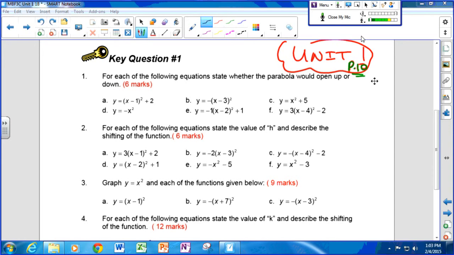Now, the way it works, and maybe this is a little different from what you've experienced before: if you send in your first key question and you're not happy with your mark, you thought you should have gotten a better mark, maybe there was something you didn't quite understand, I'm going to put some feedback on your assignment. Usually I'll put a few extra examples.